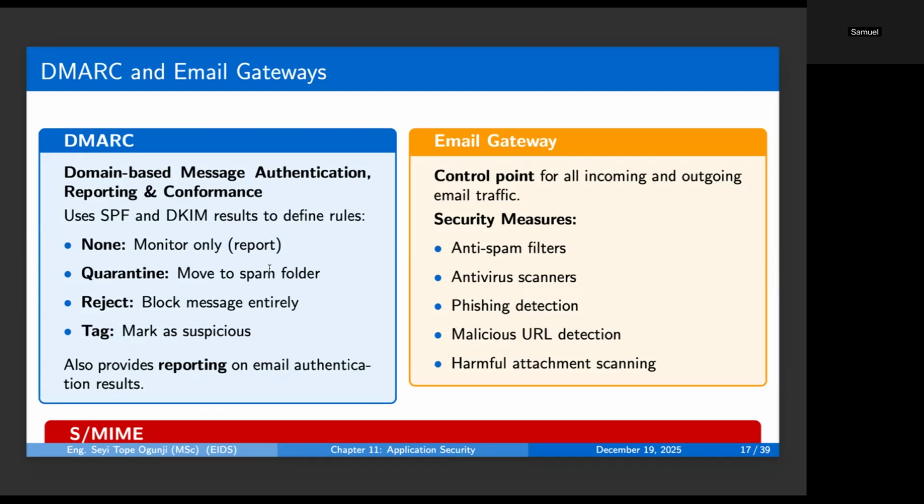It implements antivirus scanners that scan for viruses. It also implements phishing detectors that detect any phishing activities. And it implements malicious URL detection, which checks for any links in the email that are malicious.